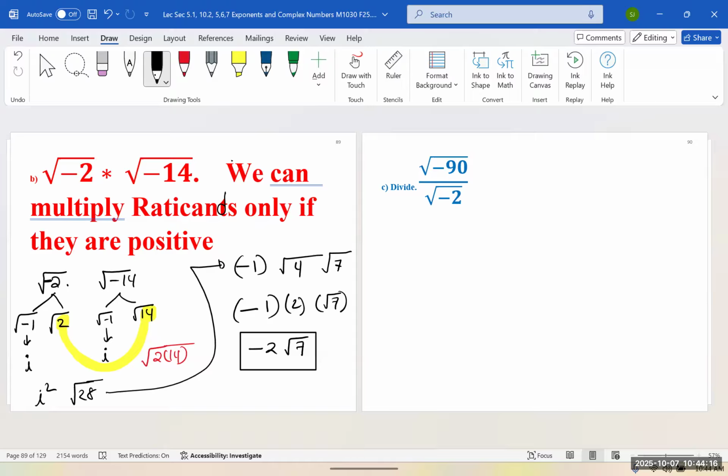Take out the negative, good. So -1, positive 90, and -1, positive 2. We can cancel them actually before even converting them into i, because they're the exact same two things. And then what did you do? So you wrote a big radical.